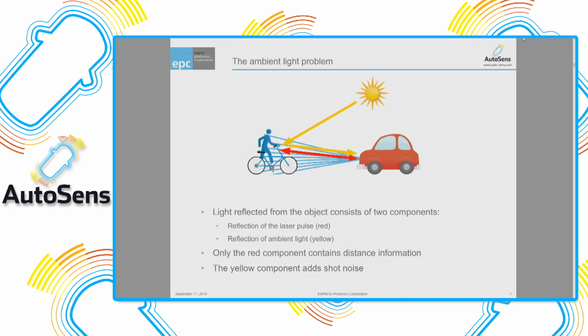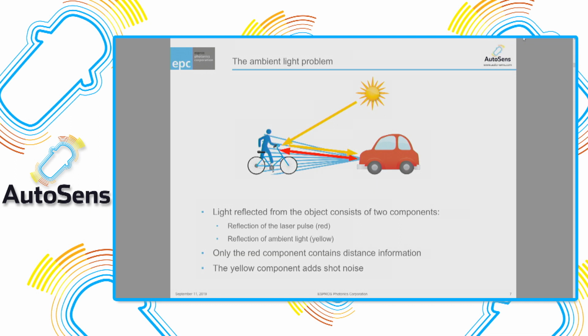Now let's talk about the basic problem you face when you do LiDAR systems. You have a car with a sensor illuminating the scenery, and by measuring the time the light travels to the object and back to the camera, you can calculate the distance.